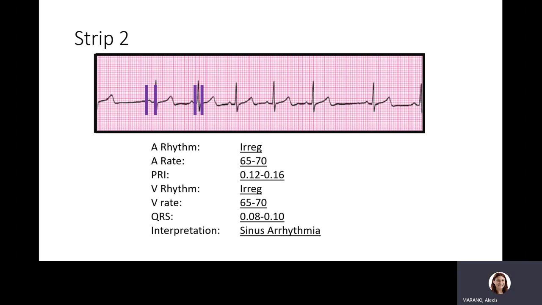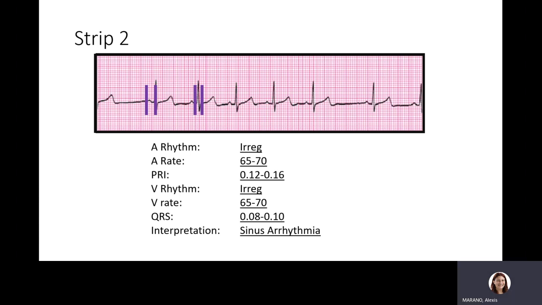For strip number 2, the atrial rhythm is irregular. Therefore, to calculate a rate, find your 6 seconds. 30 big boxes make up 6 seconds. Count the number of complexes in those 6 seconds and multiply by 10. So here you should get a rate between 60 and 70.